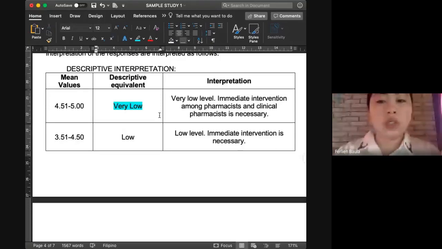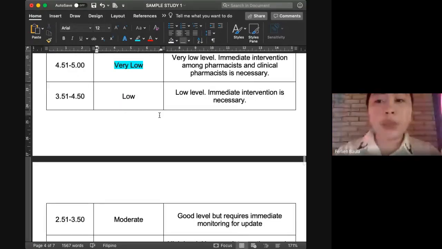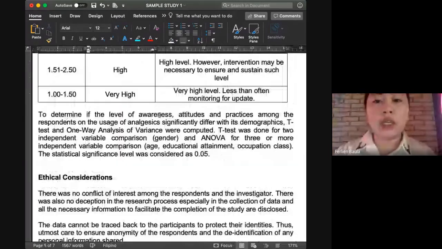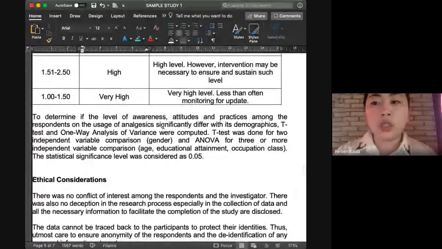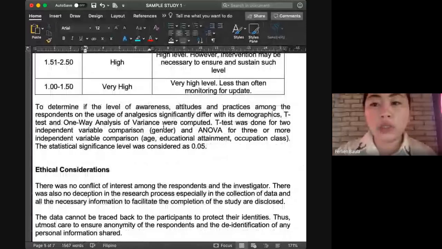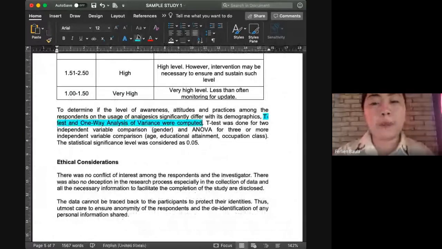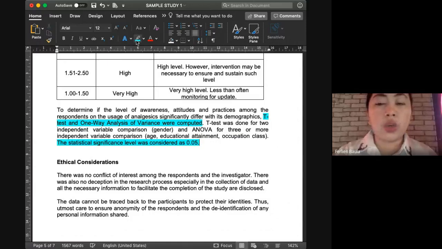Okay? So, ganyan. So, this time, ang ginamit ng ating students, meron silang t-test and one-way ANOVA. So, dalawa yung kanilang ginamit na statistical, inferential statistics. Okay. And you have to state your statistical significance level.